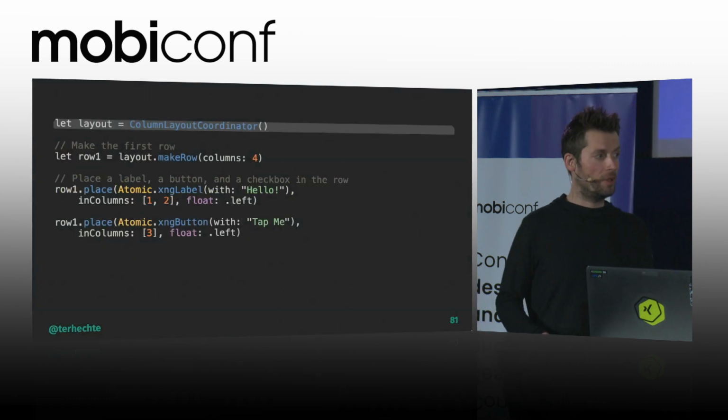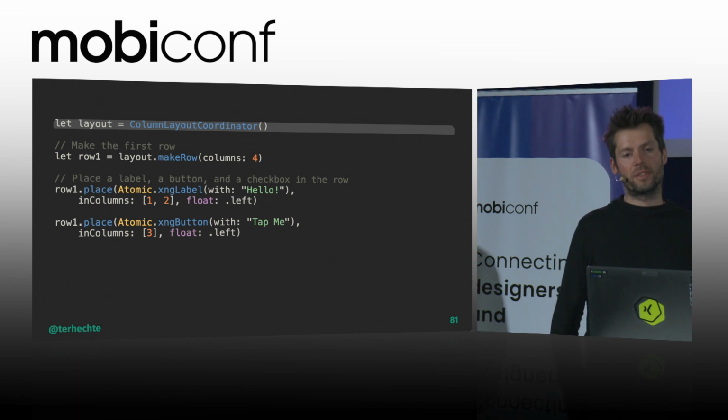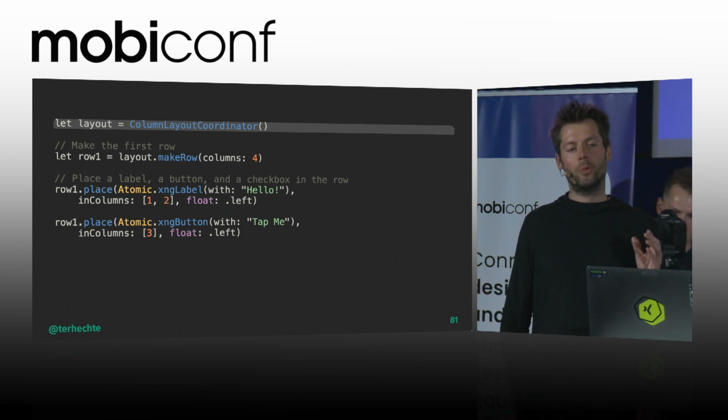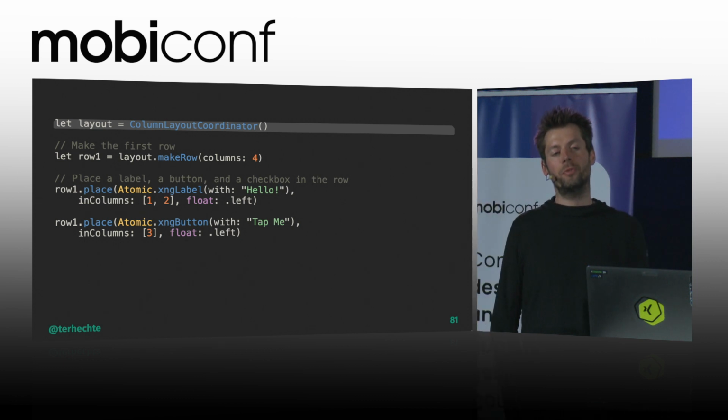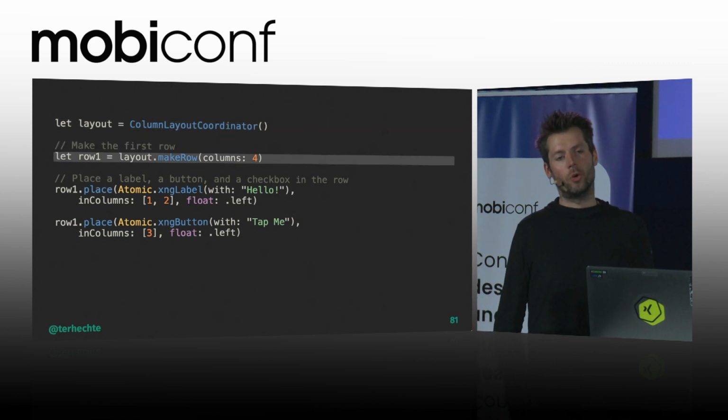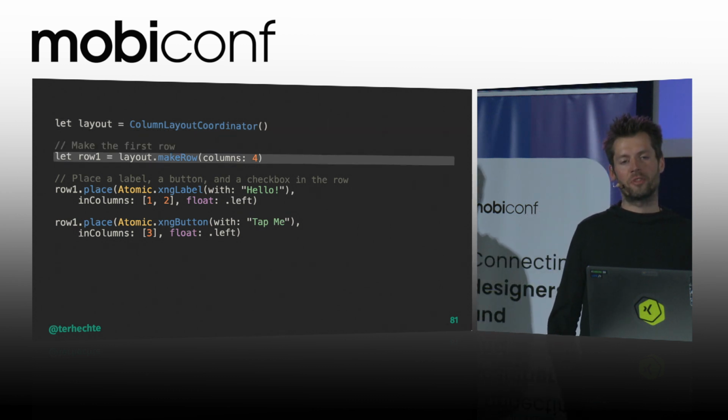So the first example is this. It's a layout coordinator. Here we imagine that we have multiple coordinators for different layout structures. This is a column layout, where you basically can lay out your elements in a columnar fashion. So we create a coordinator, and then we insert a row. Now this row has 4 columns.